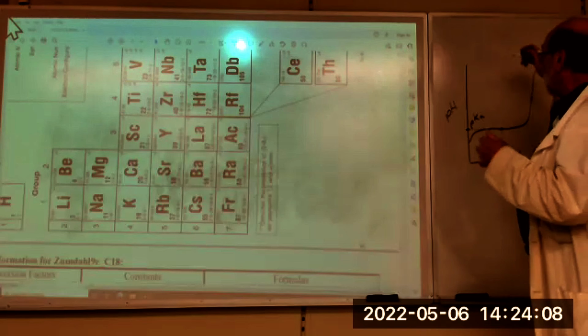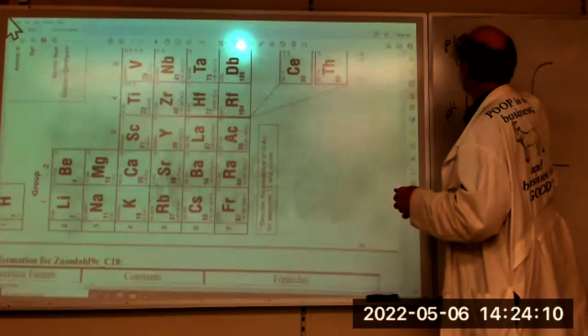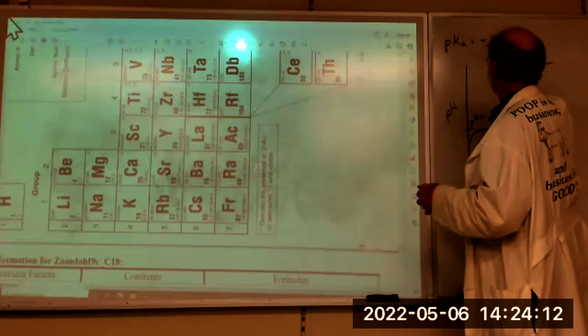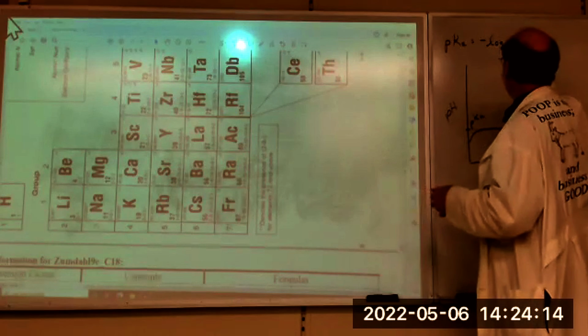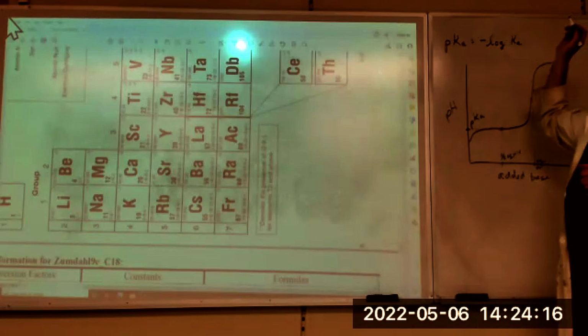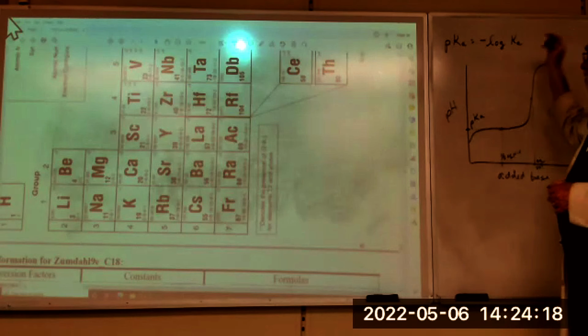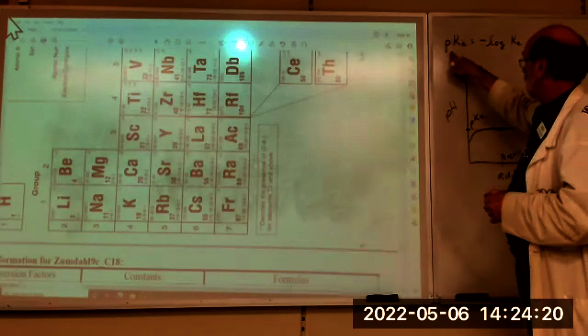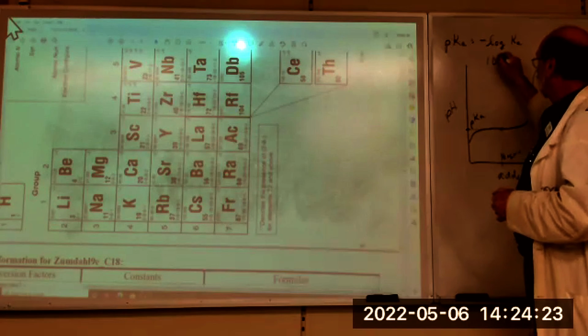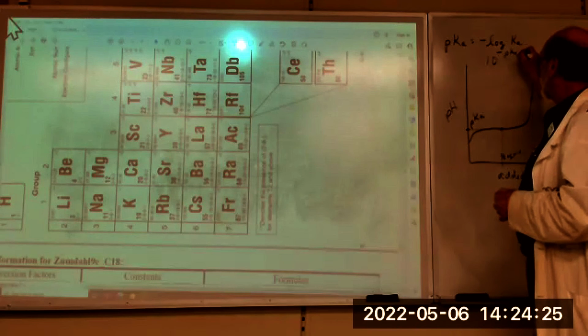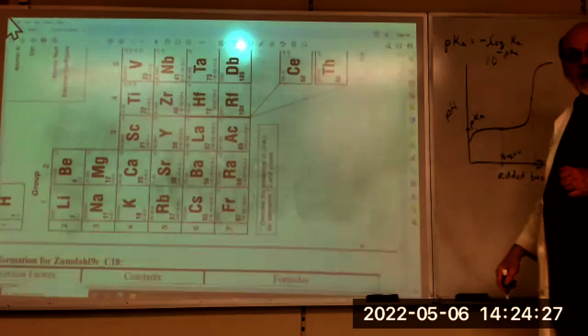And all you have to do then is use the definition, pKa equals negative log of Ka. So take the pKa and do 10 to the minus pKa, and that will be equal to Ka.